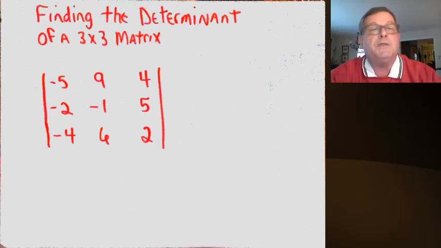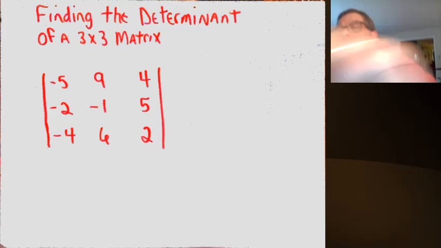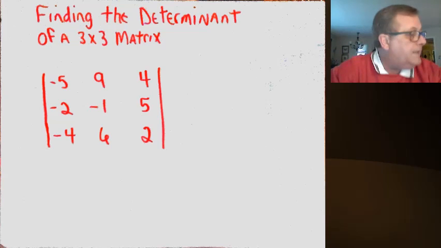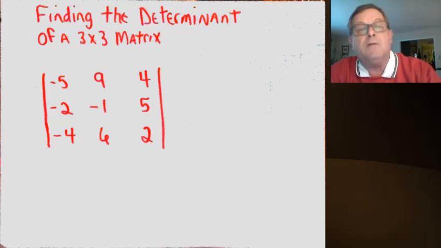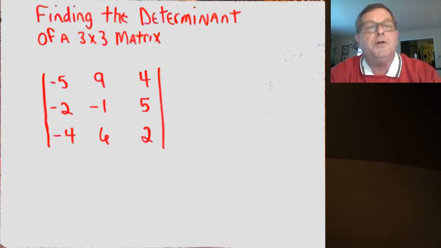So I have a matrix here, a 3 by 3: minus 5, 9, 4, minus 2, minus 1, 5, minus 4, 6, and 2. And what I'm going to need to do is write this entire matrix outside of the matrix symbols. Notice that these are not in brackets, as we would normally find with a matrix, but rather it resembles an absolute value symbol, and that tells us that we're to find the determinant.